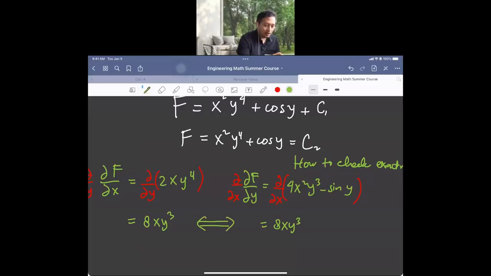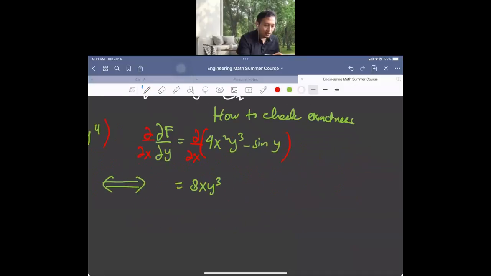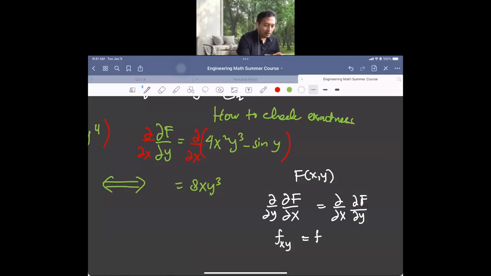Now when this happens, this is what we call exact. How to check the exactness is we check the mixed partials. Okay, remember that in calculus we have learned the theorem that says that for f(x,y), the result should be the same, or you can write partial xy is actually equal to partial yx.